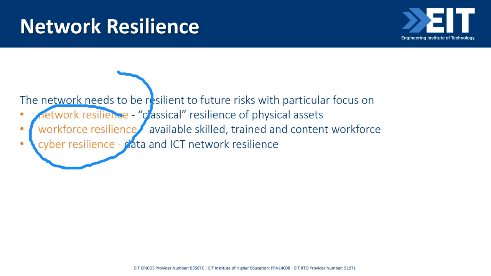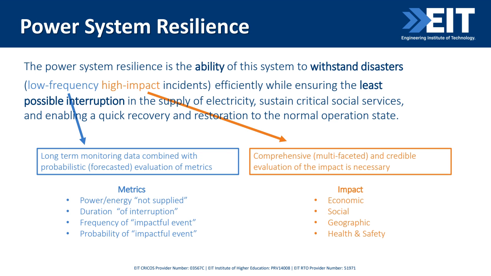Then, if you look carefully, the power system itself must be resilient, or must be able to withstand any disaster. And that is what we claim, that we should be able to do that. It should be able to withstand any disaster.